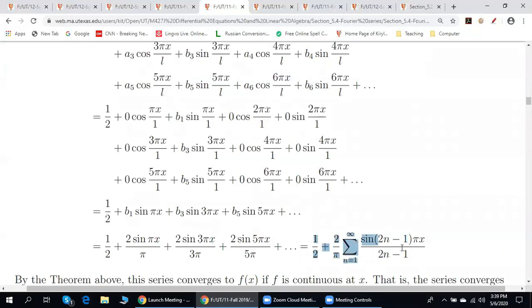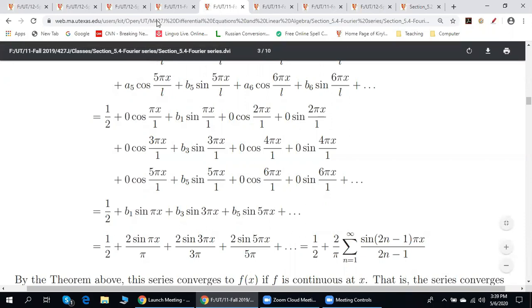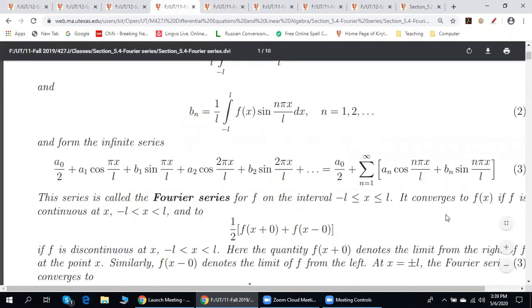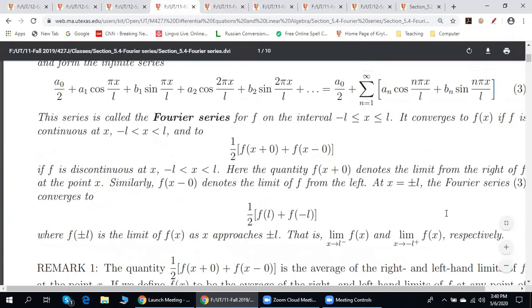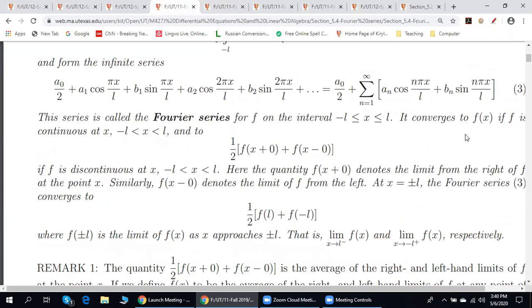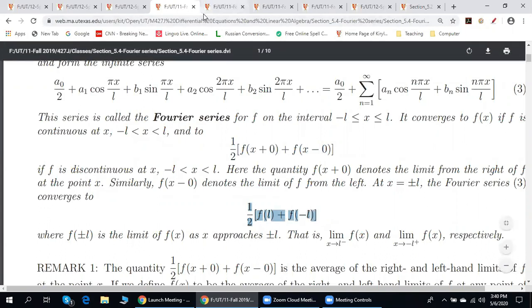What we see in front of us here is the Fourier series of our given function. Part 2: we have to determine at which points our series converges to f of x, and at which points our series converges to this and to this. So here's how we do it.